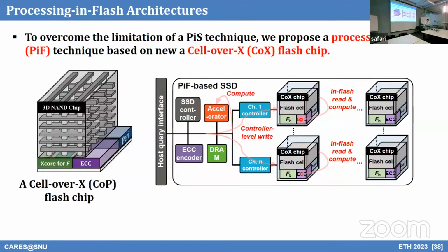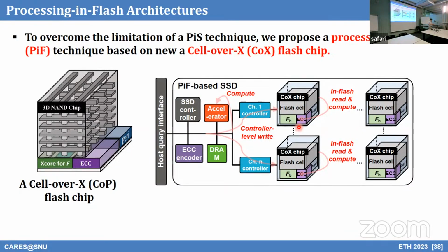And the second challenge was, if you're putting computing here, it consumes power. Our initial goal was putting some DNN accelerator inside the flash chip, and very quickly it became impossible. No power to do that.